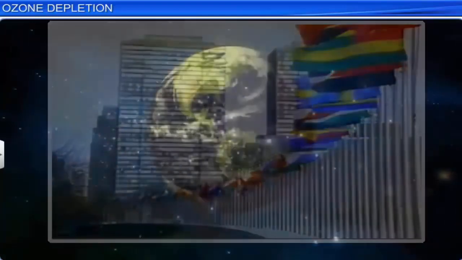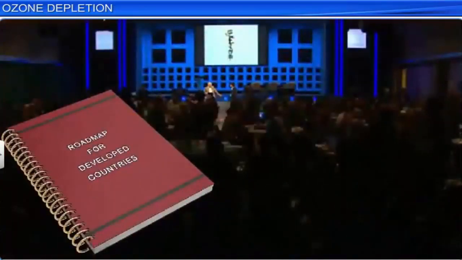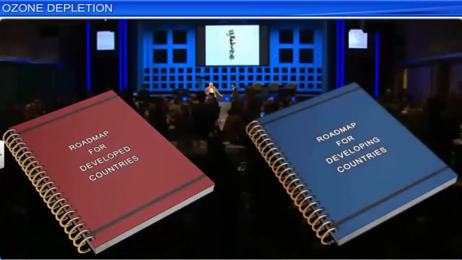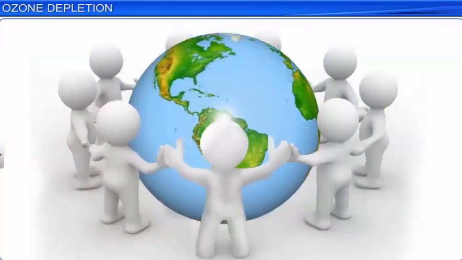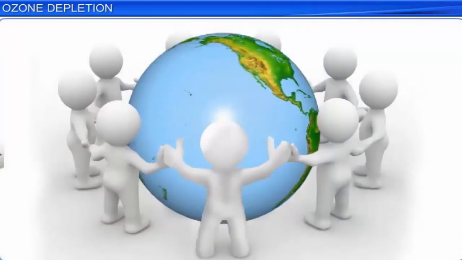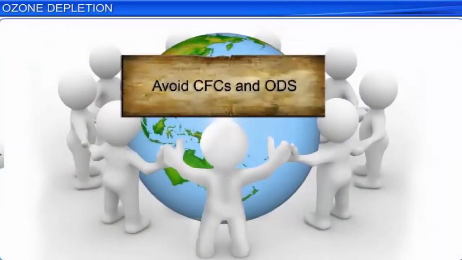Several other measures have been taken and protocols laid down, with separate roadmaps for developed and developing countries to ensure a reduction in the emission of CFCs and other ozone-depleting substances, or ODS. We too can prevent and control the depletion of the ozone layer by avoiding the use of CFCs and other ODS.